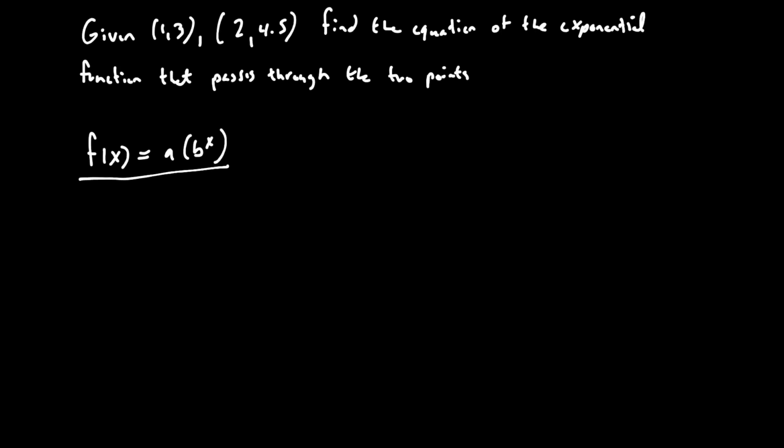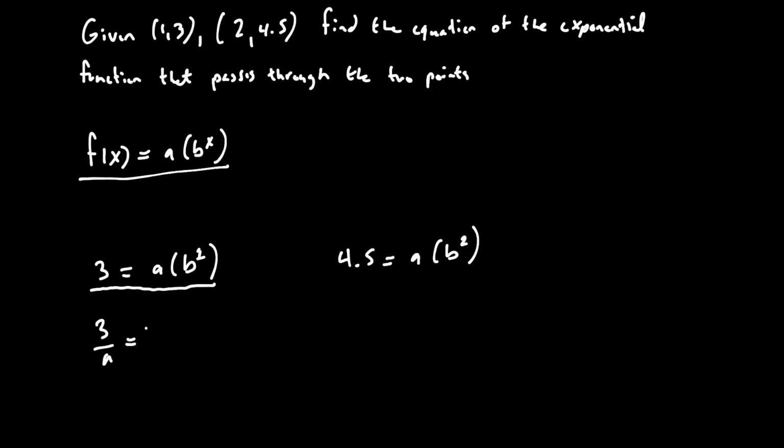So if we evaluate f at 1, we'll get 3 is equal to a times b raised to the 1. And if we evaluate our f of x at 2, we'll get 4.5 is equal to a times b raised to the second. Now divide the first equation on both sides by a, and we'll get 3 divided by a is equal to b.